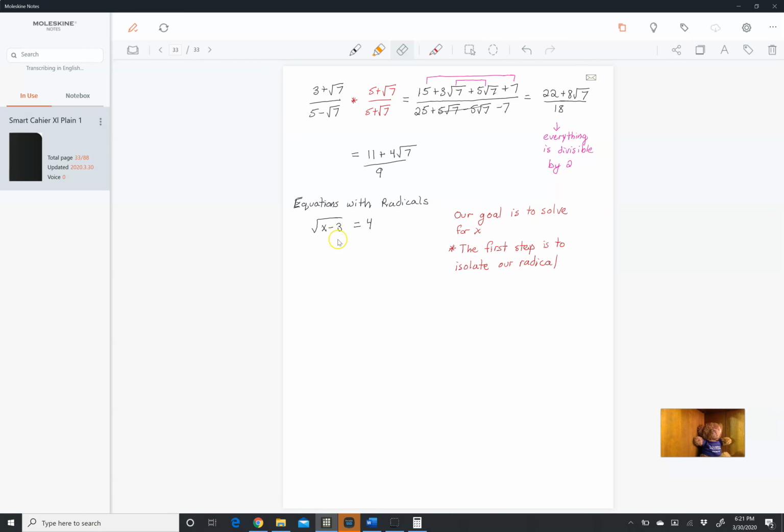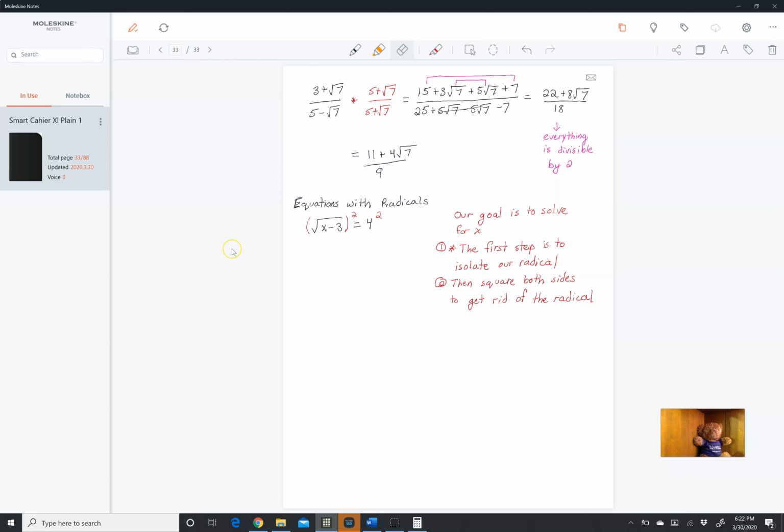The second step is going to be to square both sides because we want to get rid of the radical. This is our step 1. This is our step 2. So let's do that. Let's square both sides.